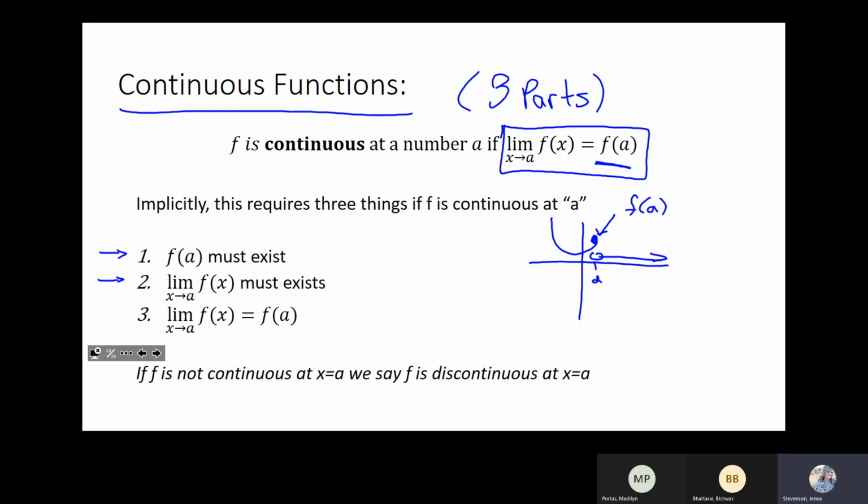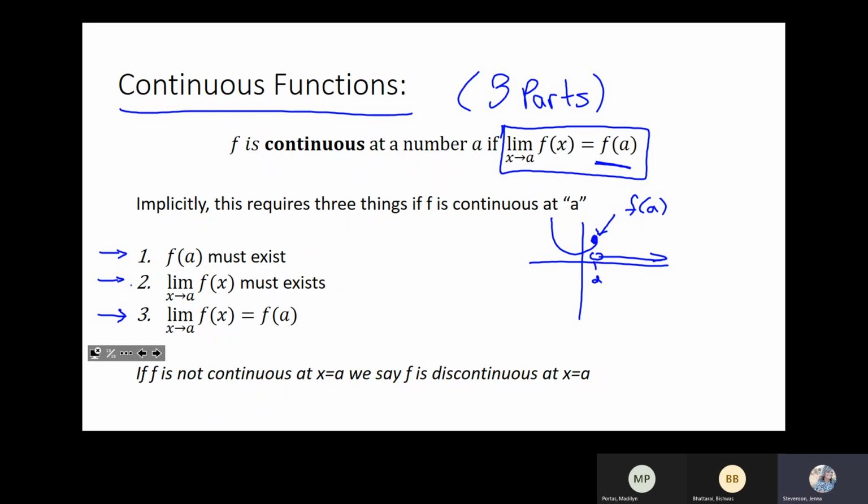That would be an example where the first one works, but the second one doesn't. Okay, and then the third one is that those two values have to equal the same number. Okay, so those are your 3 rules to continuity. You have to know those 3 rules. That is what we'll be checking for. Okay, if any of these 3 doesn't work, then it's not a continuous function.